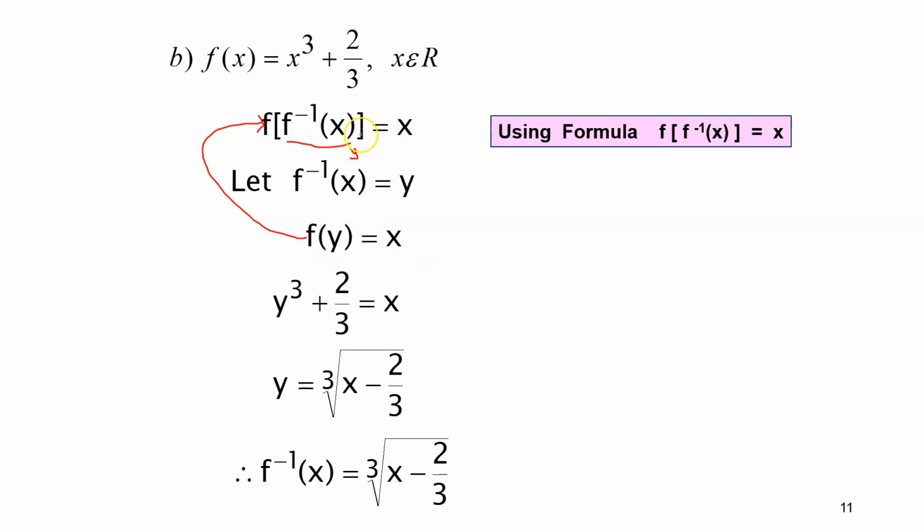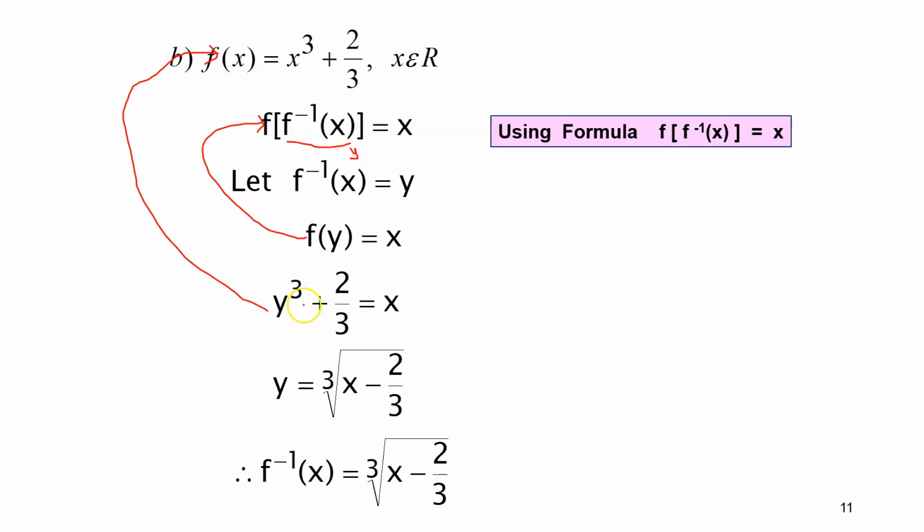So now you have this original function, and you're going to substitute the x term with y. All the x here will change to y. That's why you have this: y cubed plus 2 over 3, and this is just equal to x. Now you bring the 2 over 3 to the right hand side, it becomes minus.